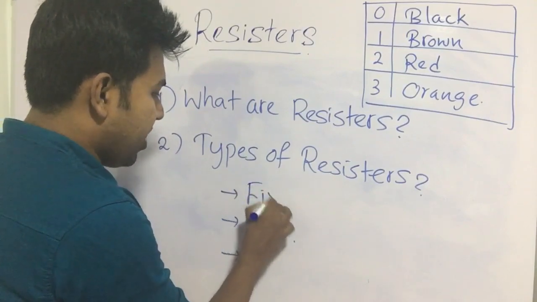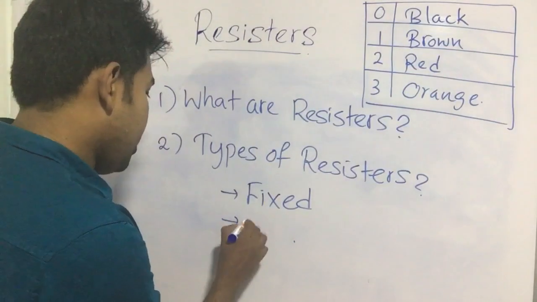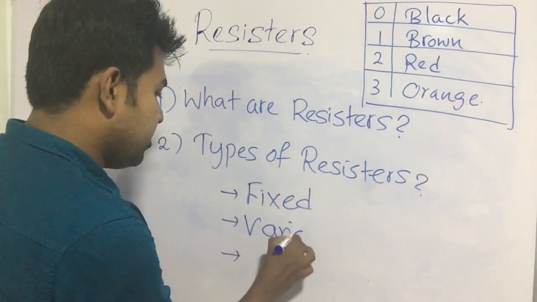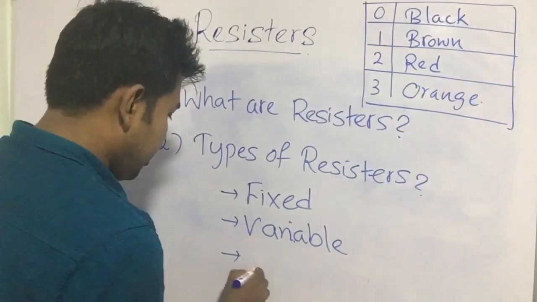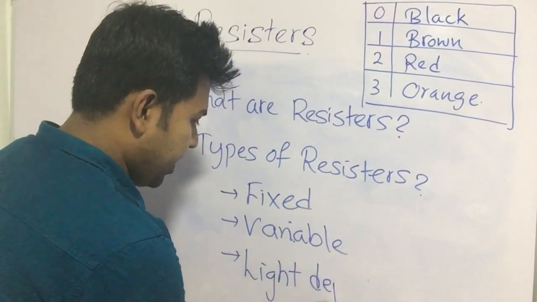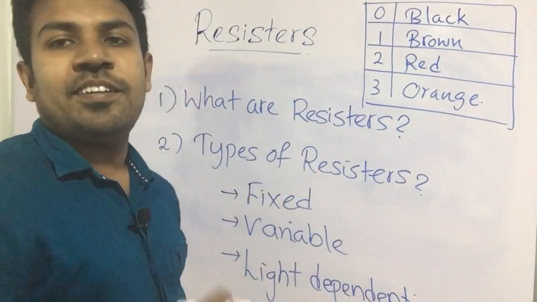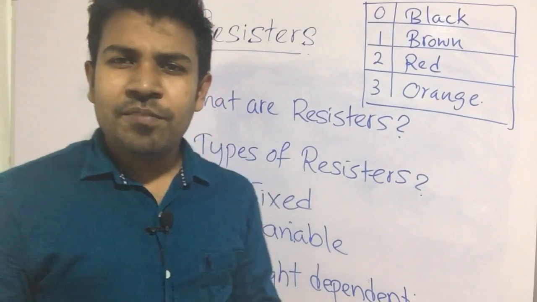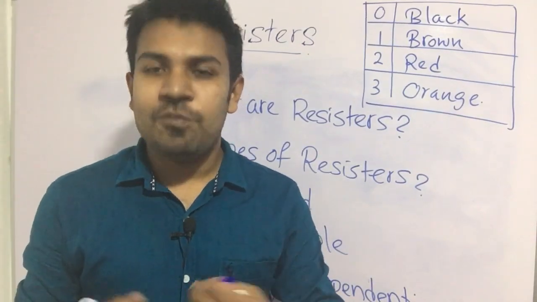One is fixed value resistors, then variable resistors, then light dependent resistors. When we consider the first one, fixed value, fixed value means the value is fixed.